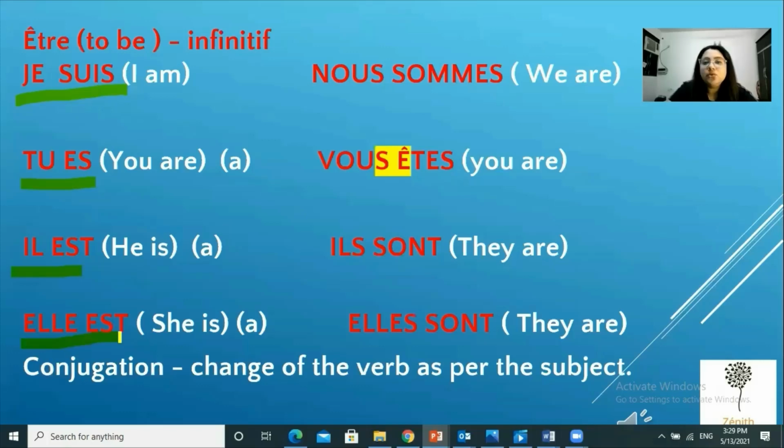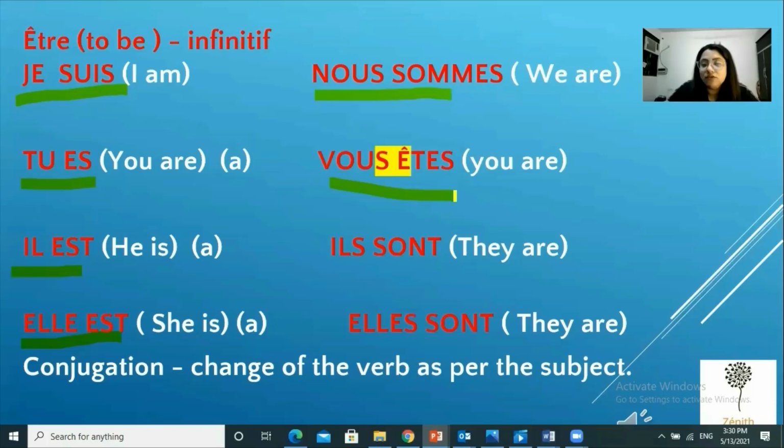Then you have elle est, which means she is. Nous sommes, which means we are. Then we have vous êtes, which means you are.